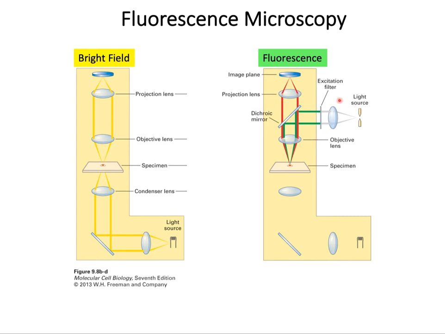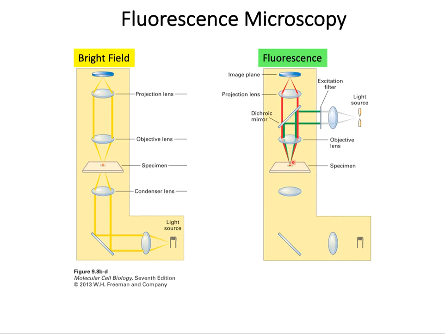Light passes through an excitation filter that only allows the excitation wavelength you are interested in to pass through. So if you're using fluorescein, then the filter will only allow light of a wavelength of 492 nanometers to pass through. It is then reflected by some mirrors and focused onto the specimen.